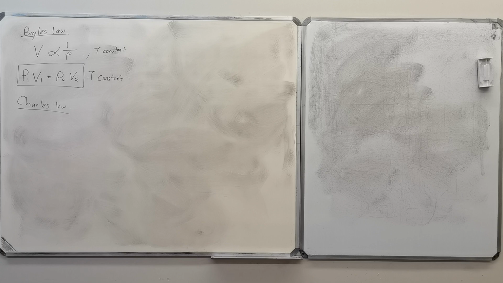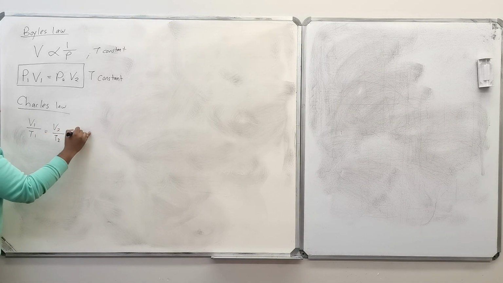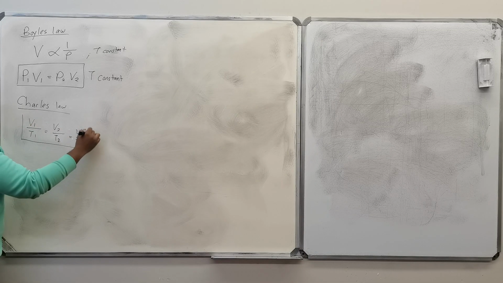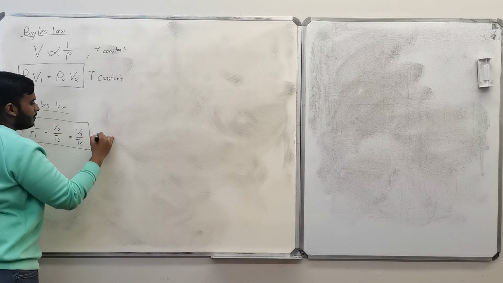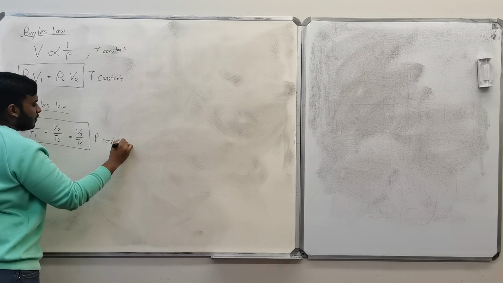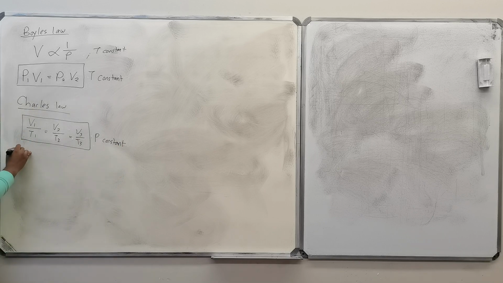Okay, at constant pressure, the volume is directly proportional to temperature. And he came up with this formula. Temperature must be in Kelvin, right?